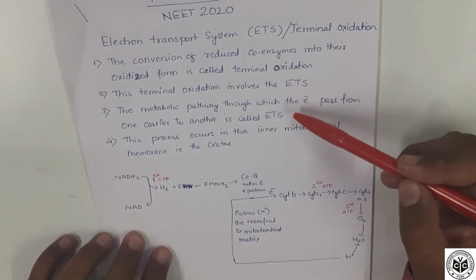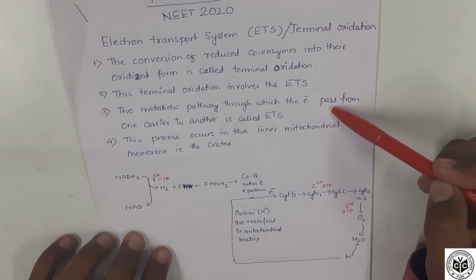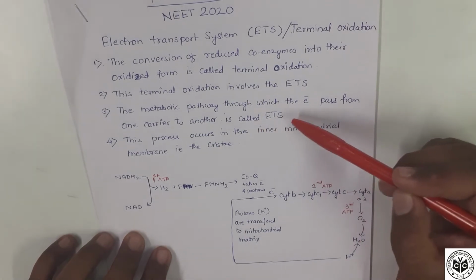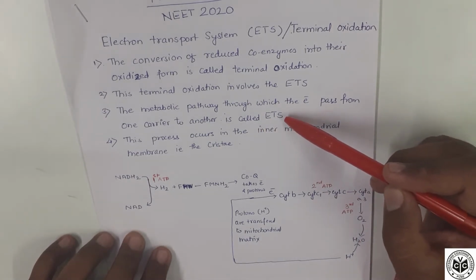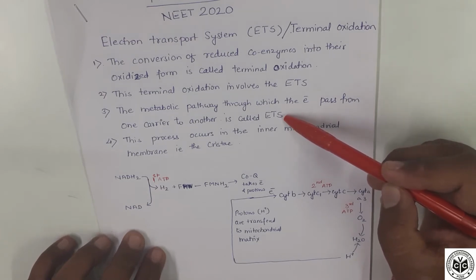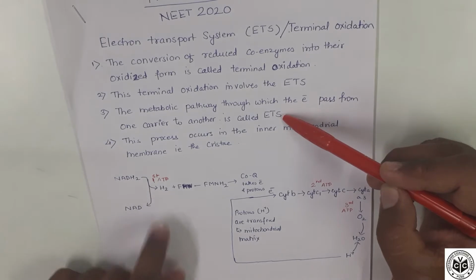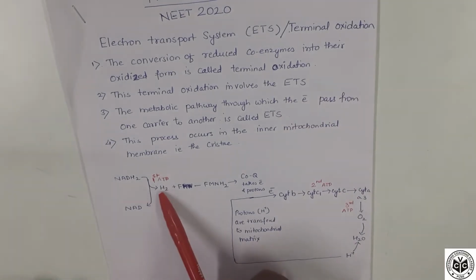The metabolic pathway through which the electrons pass from one carrier to another is called as the electron transport system. Now, where do these electrons come from? When hydrogen is removed, at the same time, hydrogen is accompanied by electrons. These are called as the hydride electrons. Hydrogen is nothing but the proton, and protons are always accompanied by electrons.